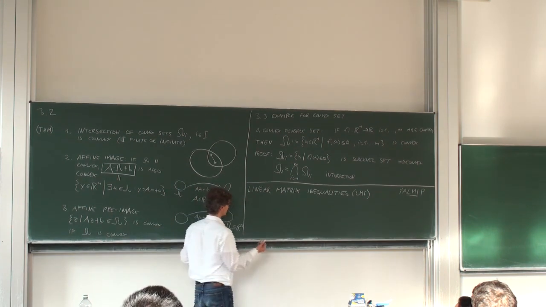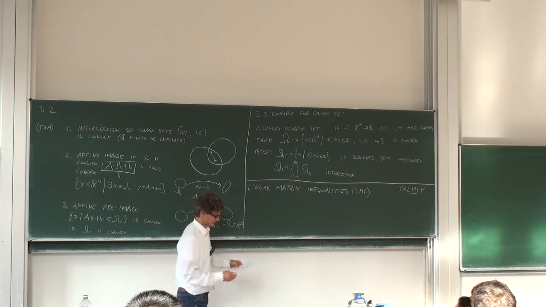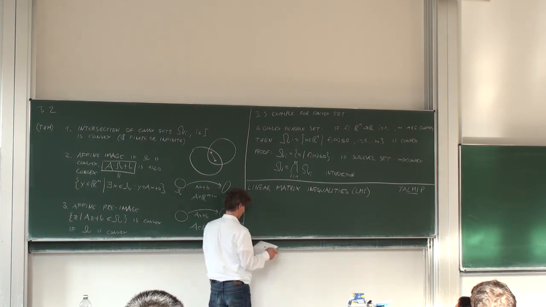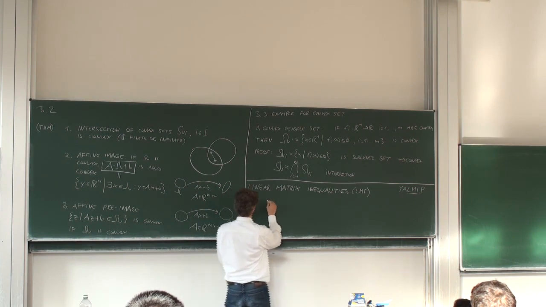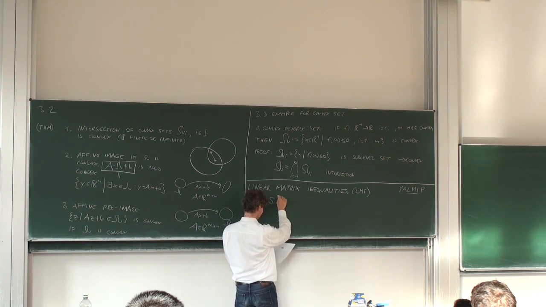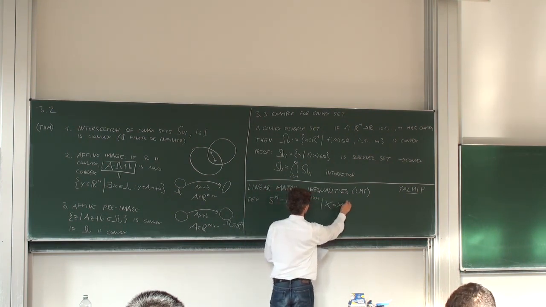So the first thing is let me define a space. The space of symmetric matrices S^n, I think the index we give at the top side. S^n is the set of all matrices X in R^(n×n), so they are square matrices which are symmetric.